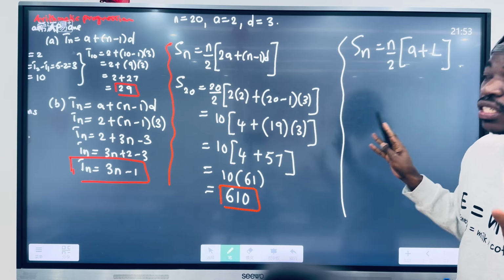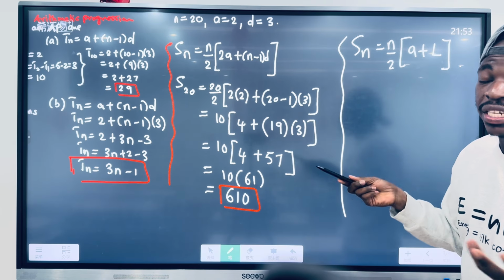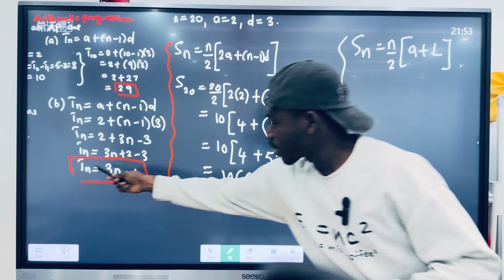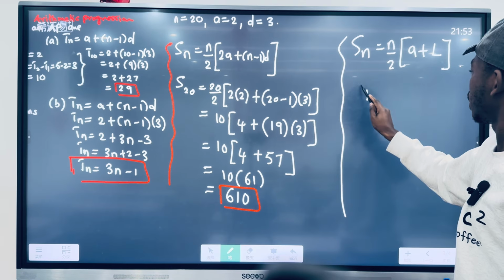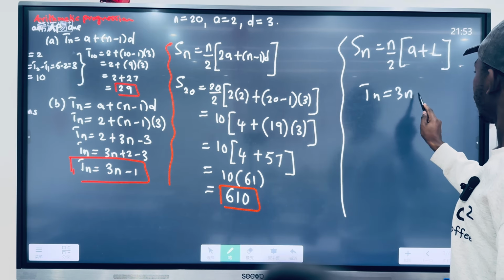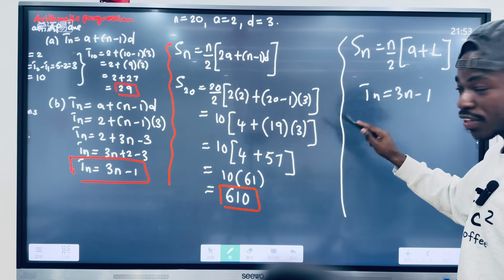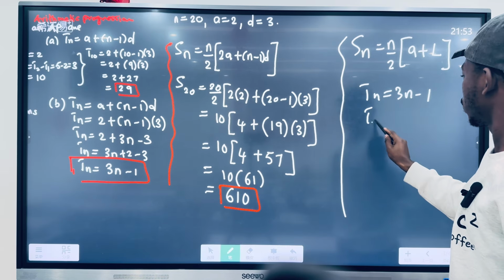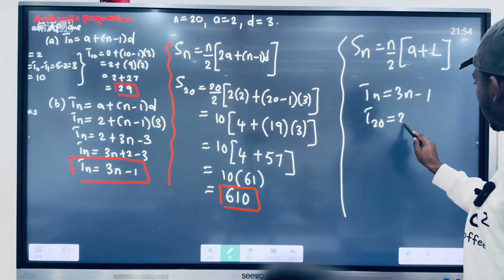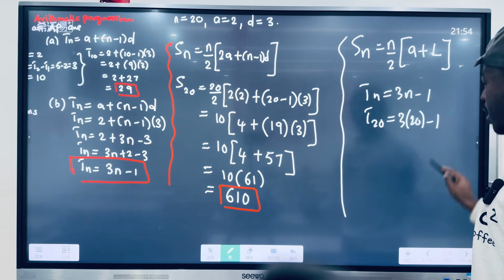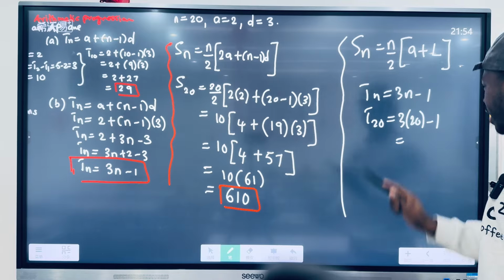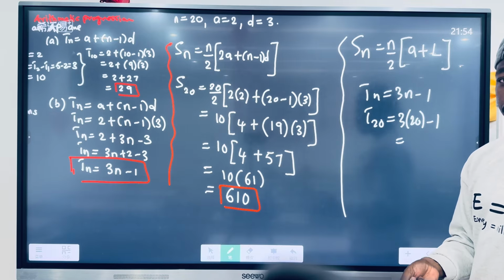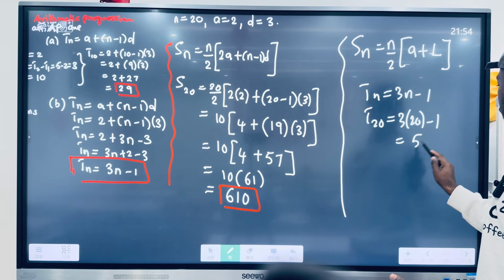Now, in this case, we don't know what term number 20 is. But we can actually find term number 20. We know that Tn is 3n minus 1. So let's first of all find the last term, because the last term is term number 20. T20 is equal to 3 times 20 minus 1. So 3 times 20 is 60, 60 minus 1, 59.